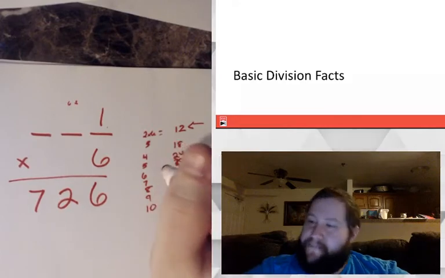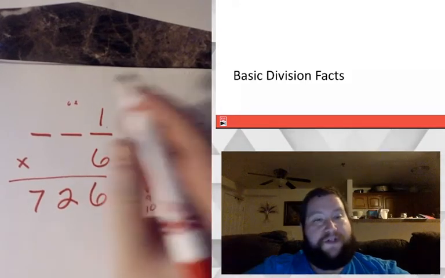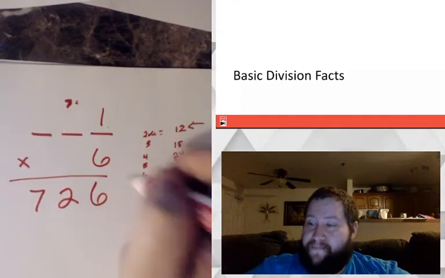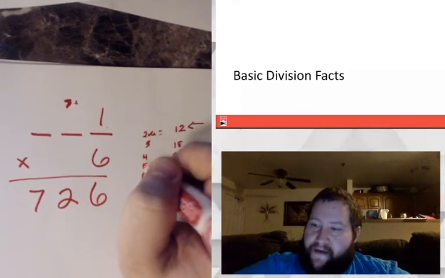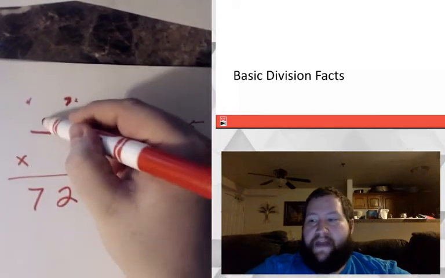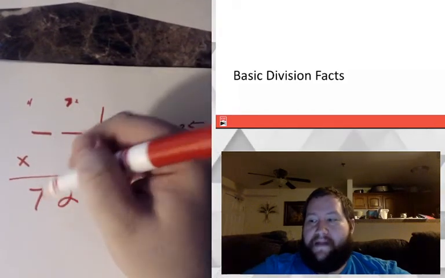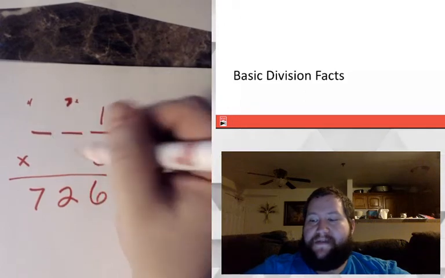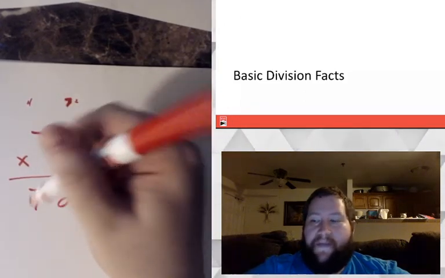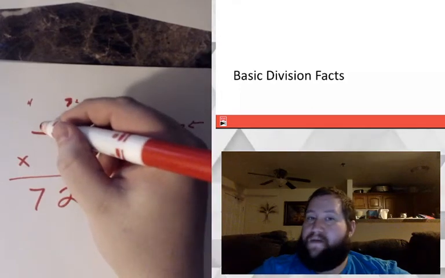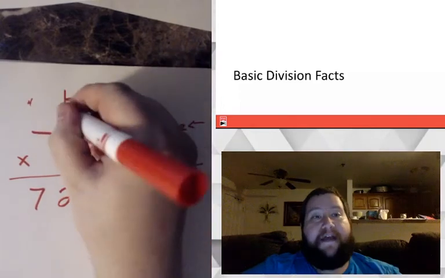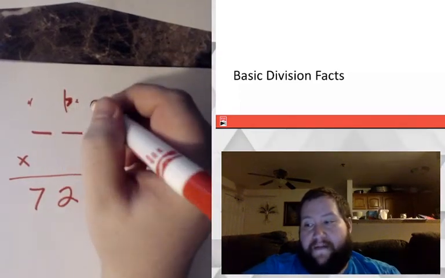Not 6. 7 or 2. 7 times 6 is 42. Have a 2, and then we'd have to carry a 4. If this was a 0, this would become a 4. If this is a 1, that's a 6. 6 plus 4 is 10. That doesn't work. If this is 2 or higher, we're going to have a thousands digit, and we know there's not one. So it can't be 7. It turns out, as we know, it's 2.